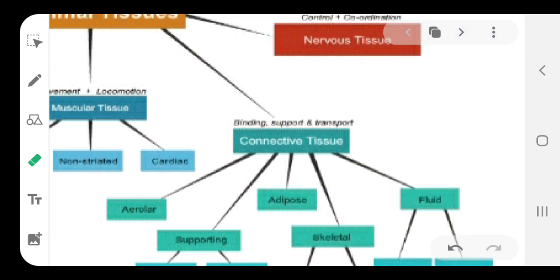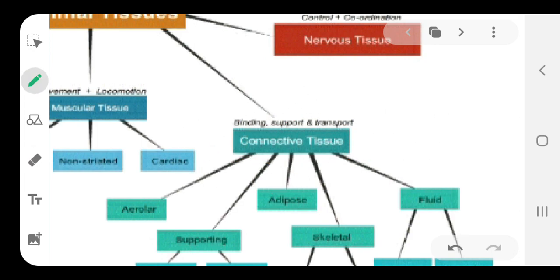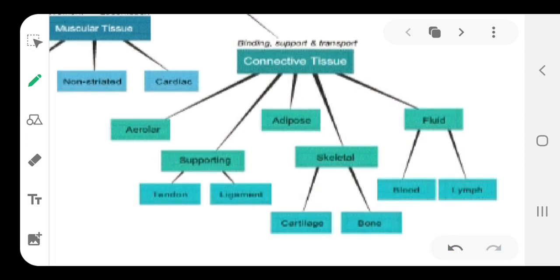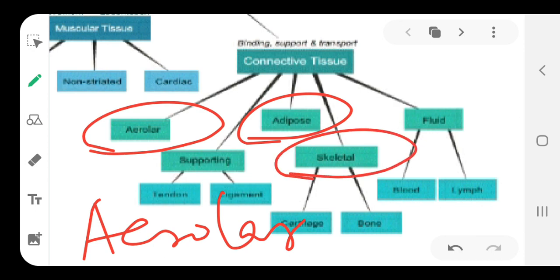Now move to the third one. We call it connective tissue because it is binding and supportive in function, and transportation is one of its big jobs. This connective tissue has a flow chart of its own, with a number of types. Number one is areolar, then adipose, then skeletal, and then fluid connective tissue.